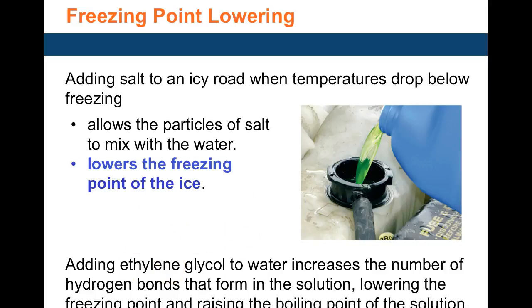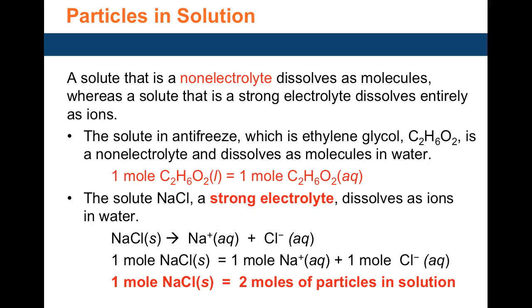So that's one way to depress the freezing point and keep the gasoline in the liquid state. So the more particles there are in the solvent, the lower its freezing point or the higher its boiling point.